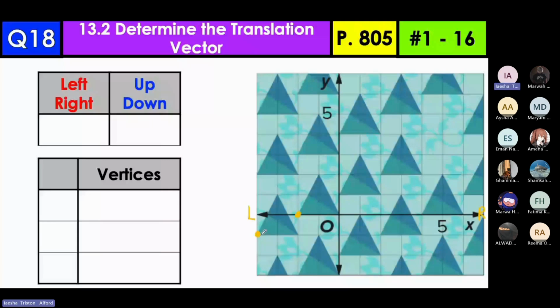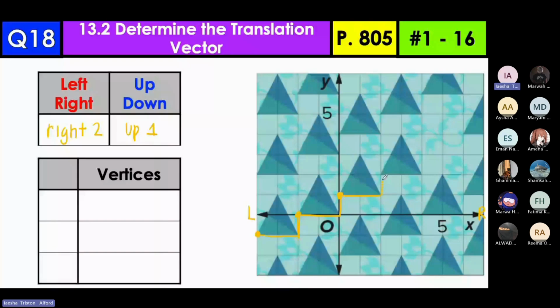How many? 2. Then up or down? Up 1. So now we have to see if this pattern is continued. So from here, we go right 2, up 1.